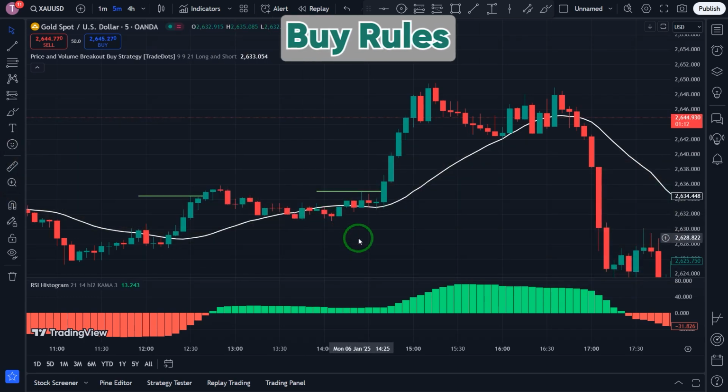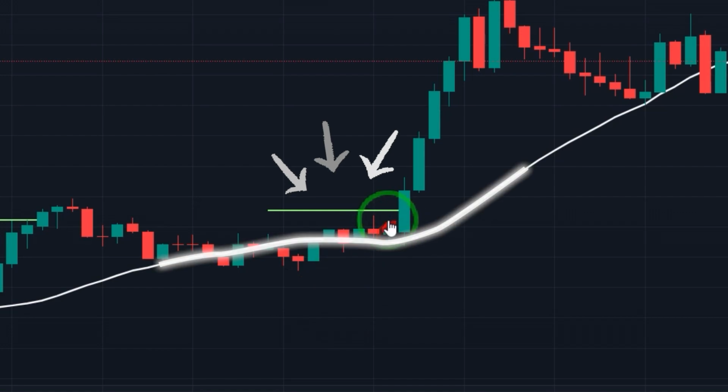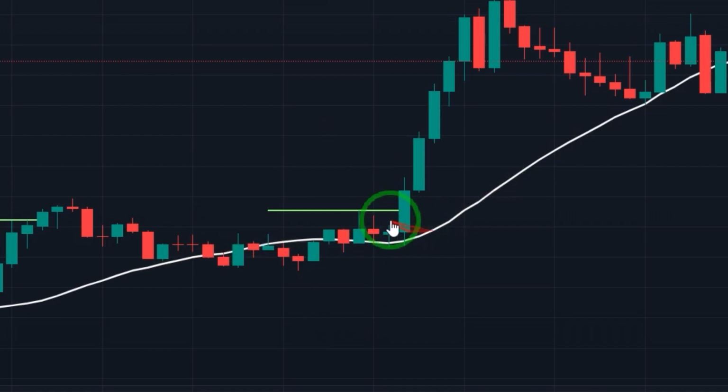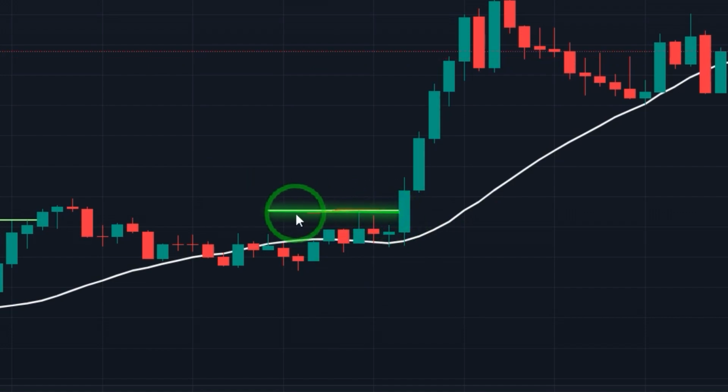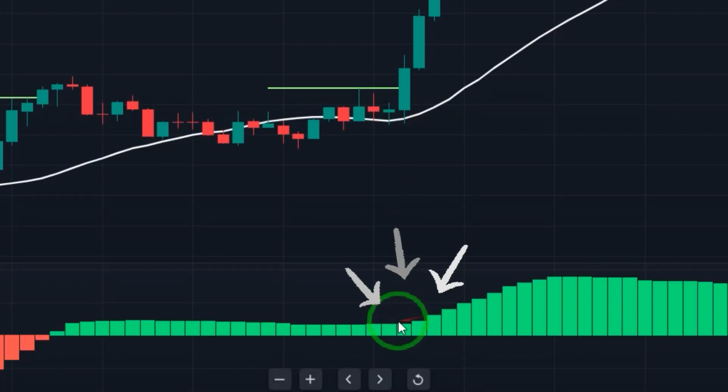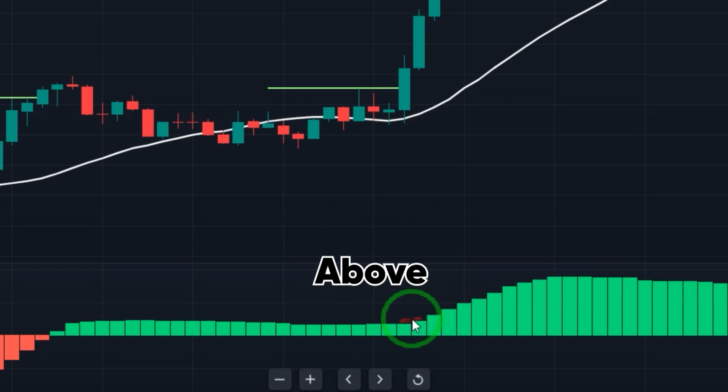Buy rules. The price must be above the moving average line. This way we understand that we are in an uptrend. Now we need to look for a breakout and wait for it to be broken by a bullish candle at that level. Once this happens, we should check the RSI and make sure that it's green and above the line.